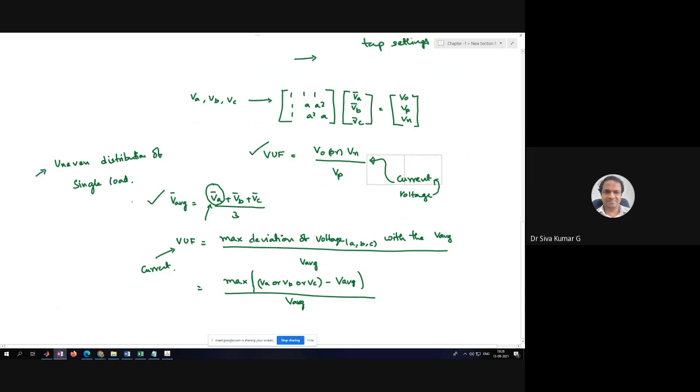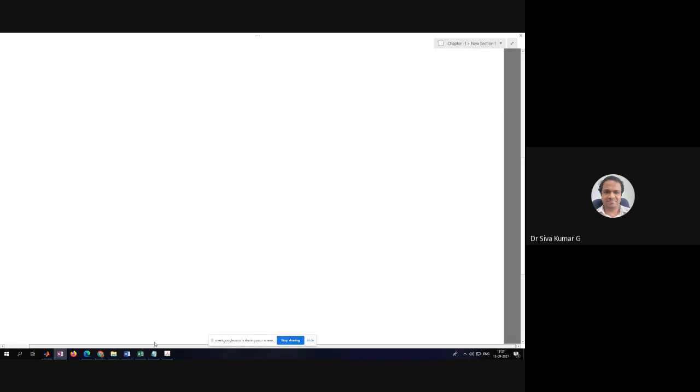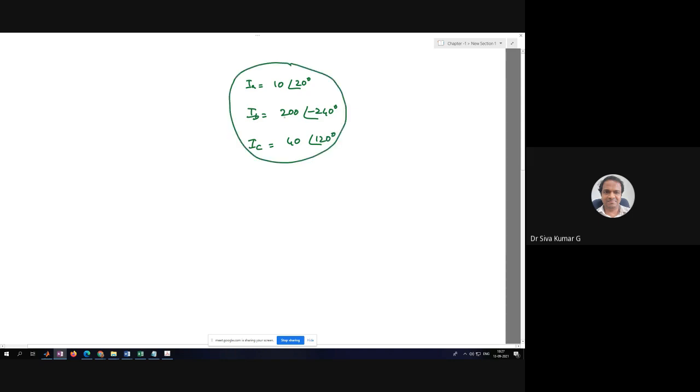In a three-phase system, phase A may be loaded with something around 10 amperes, phase B maybe 20 amperes at an angle of minus 240 degrees, and phase C maybe around 40. This way you will have unbalanced currents. The loads connected to phase A and phase B are uneven, or phase B is loaded much more.